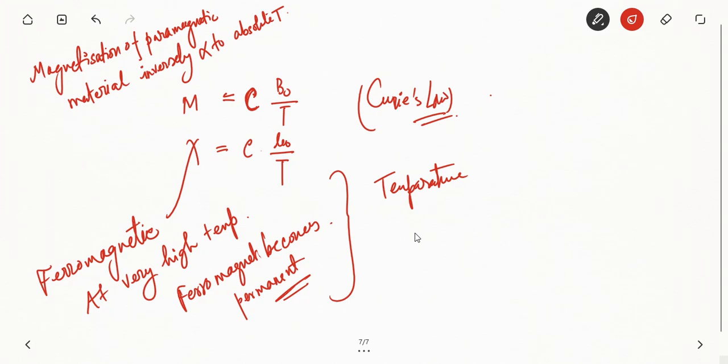The transition from ferromagnet to paramagnet happens at a temperature called the Curie temperature.